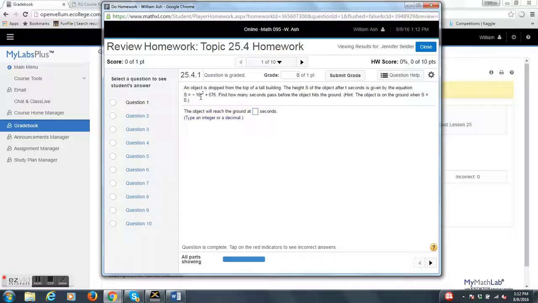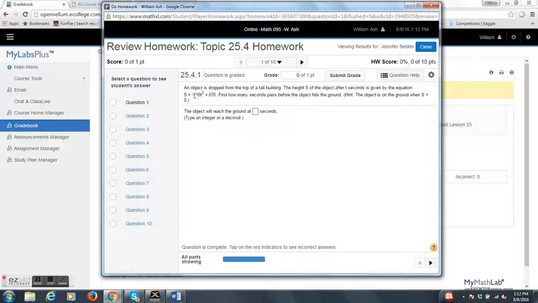So plug in whatever time you get the height. How many seconds before the object hits the ground? Well, when you hit the ground, the height is 0. And in fact, you didn't even have to figure that part out because they just told you. So there's literally nothing going on here that we weren't doing in the previous sections, right?